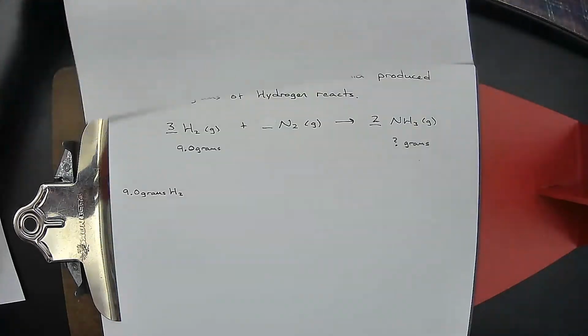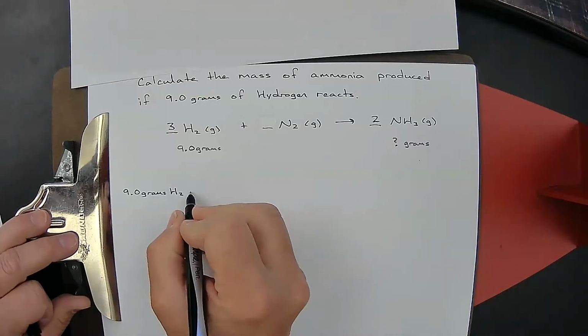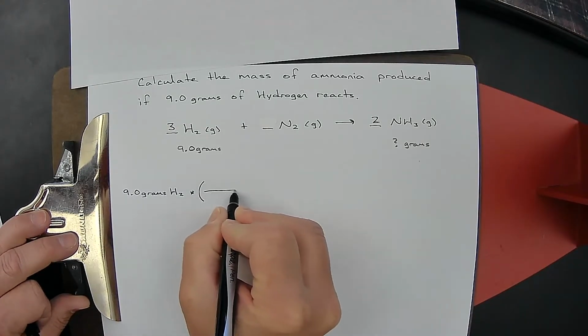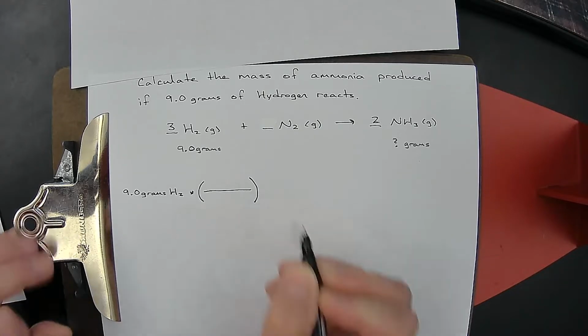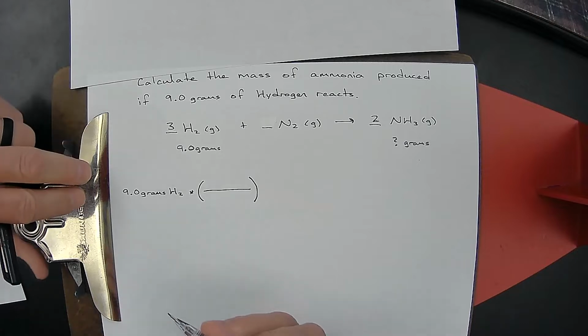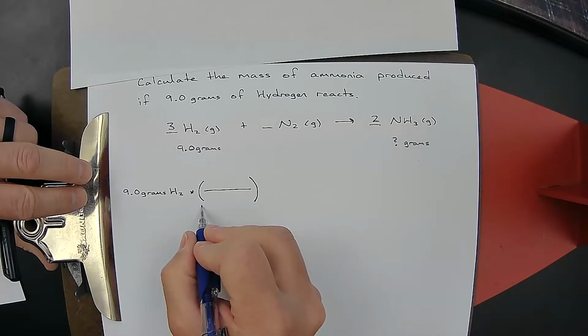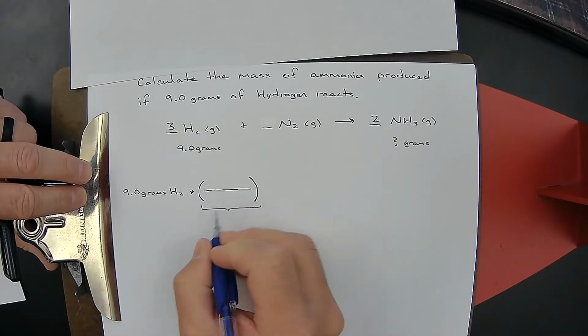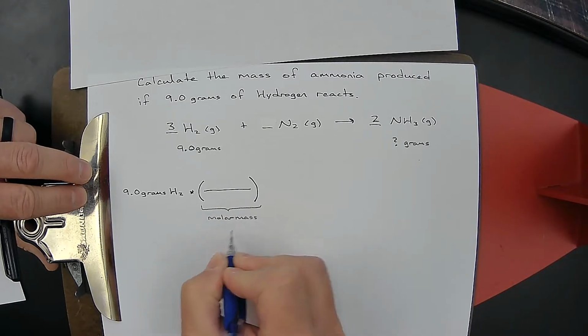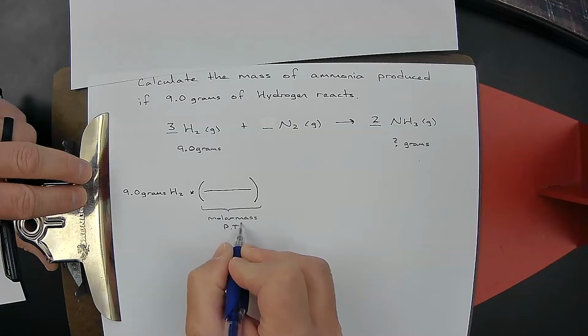And what we do is we multiply, just like we have before, by an empty fraction. And in that empty fraction is going to be what is called the molar mass. And the molar mass, we know, comes from the periodic table.